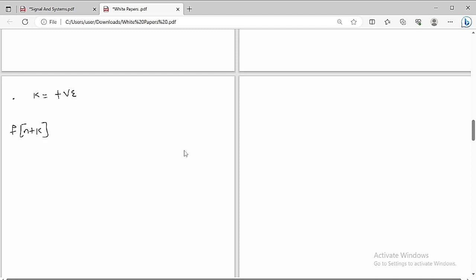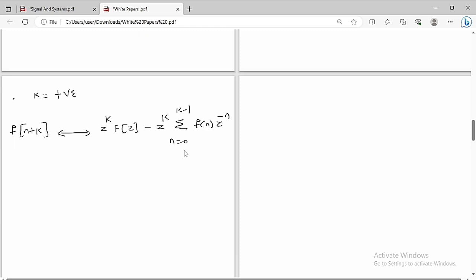What is the formula? z to the power of k into f of z minus z to the power of k into sigma n is equal to 0 to k minus 1 into f of n into z to the power of minus n. So this one you have to keep in your mind.